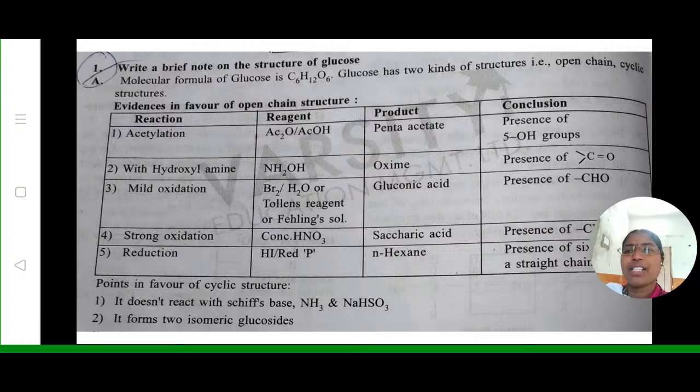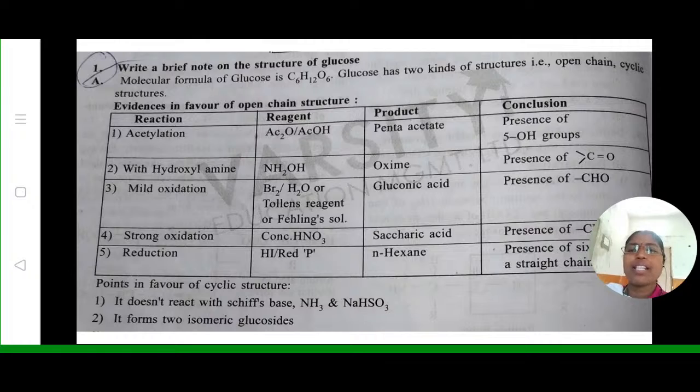Evidences in favor of the open chain structure. There are some evidences to explain it. The first one is acetylation. Here the reagent is acetic anhydride, (CH3CO)2O.